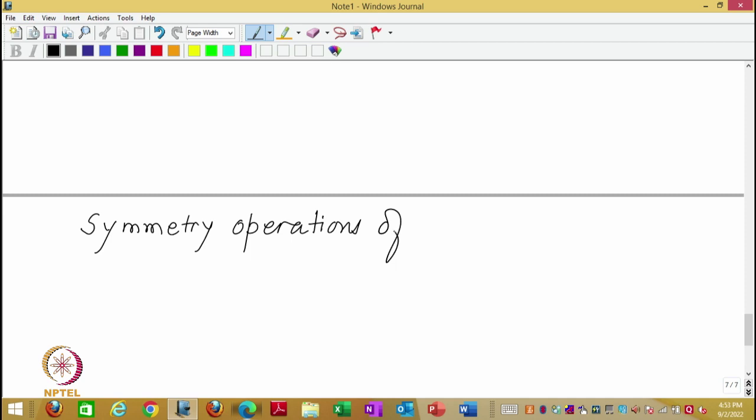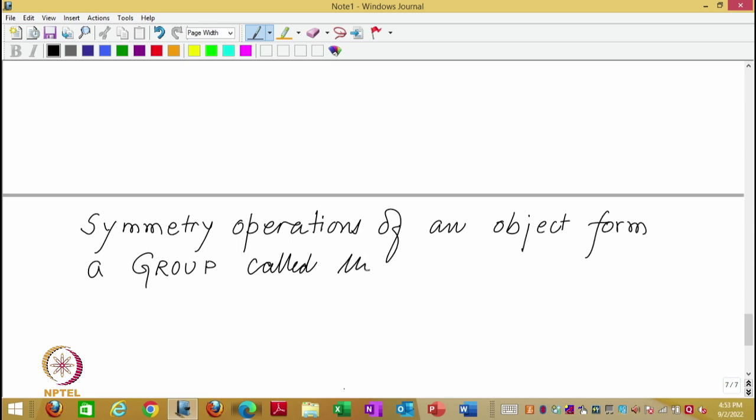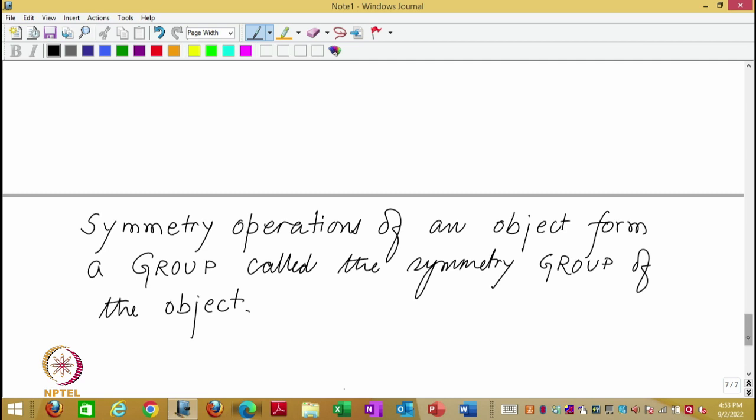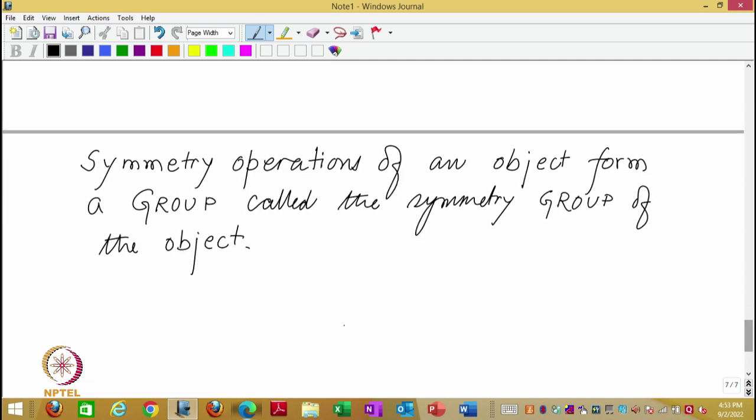Symmetry operations of an object form a group. So, they always occur in groups, they do not occur separately.